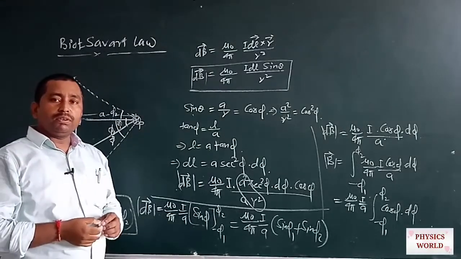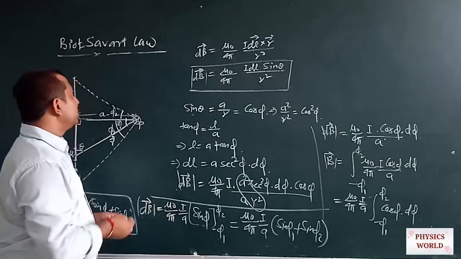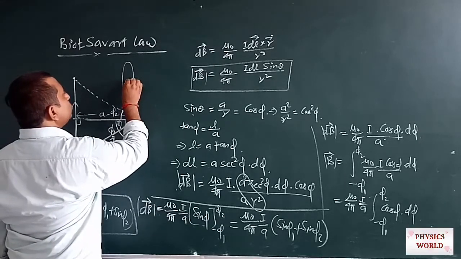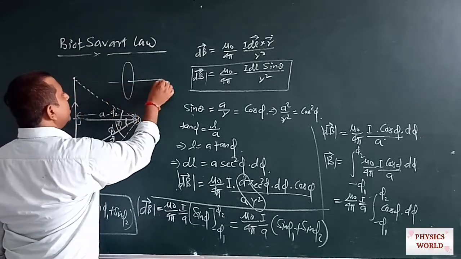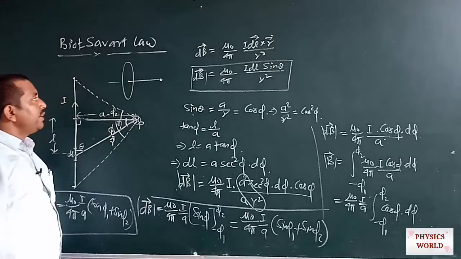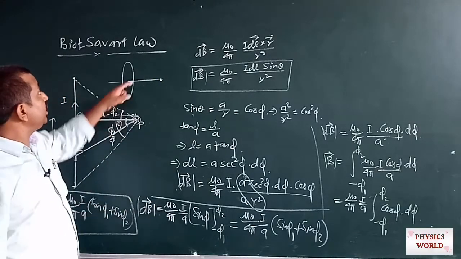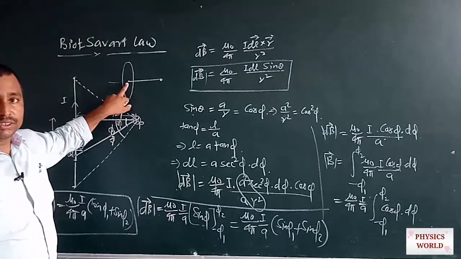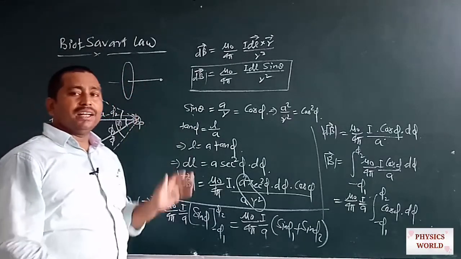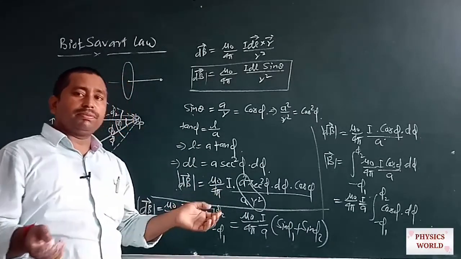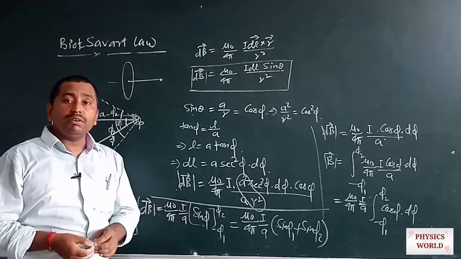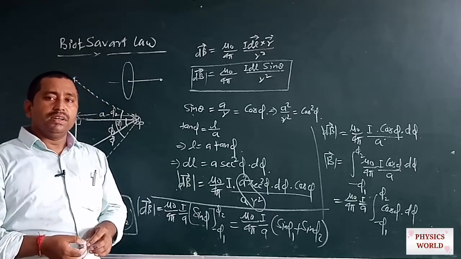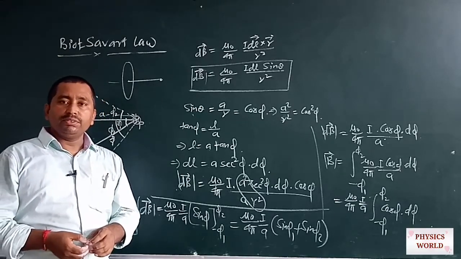Tomorrow we will discuss the total magnetic field at any axial point, and also at the center of the circular current loop. This will be another application of the Biot-Savart law, and we will also discuss Ampere's circuital law tomorrow. Till now, thank you, take care.